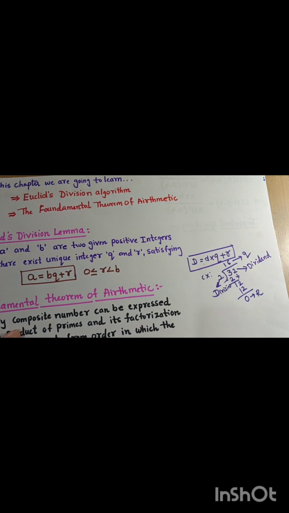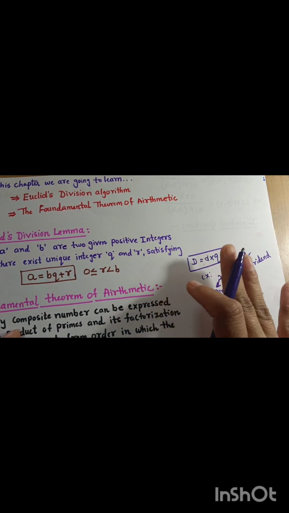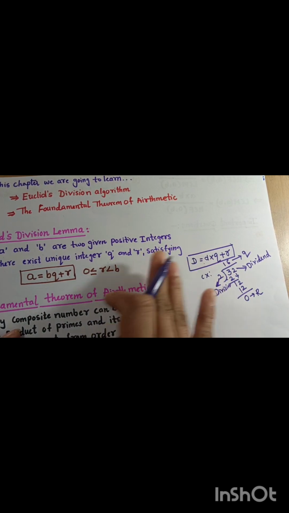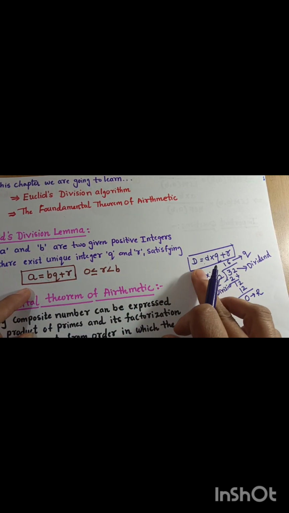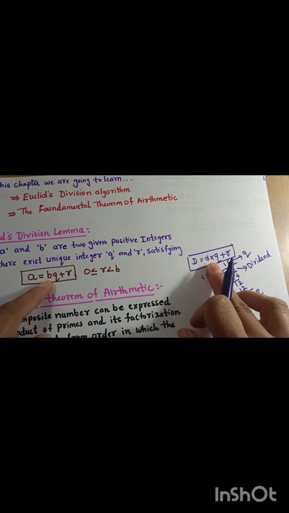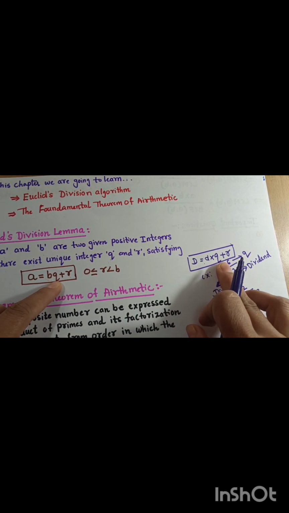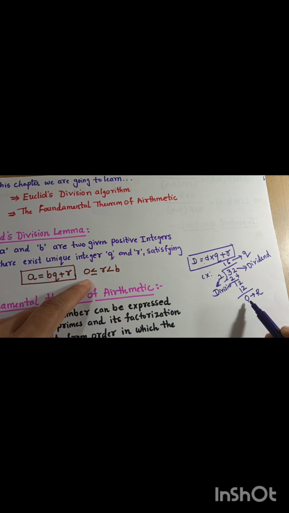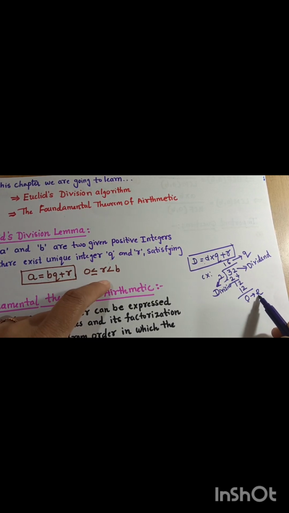This formula is what they applied here. a means dividend, b means divisor, then quotient plus remainder. So you already know 0 ≤ remainder.